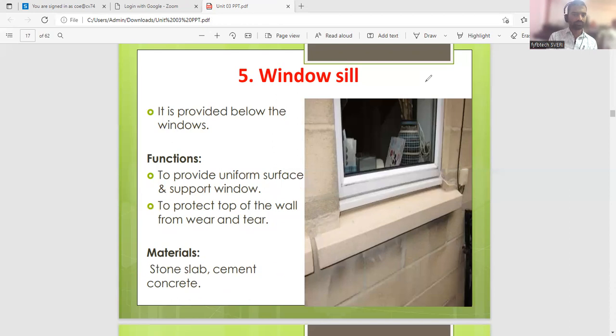Have you written? Can I go for next slide? Okay. Window sill, this is window, right? So below this one, whatever is there, this is your sill part. Okay. It is made up of stone slab or it is cement concrete slab.